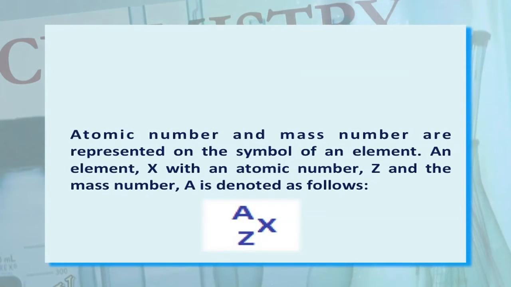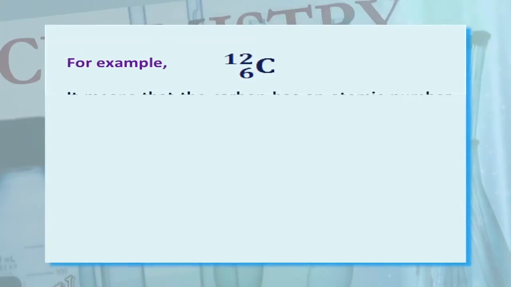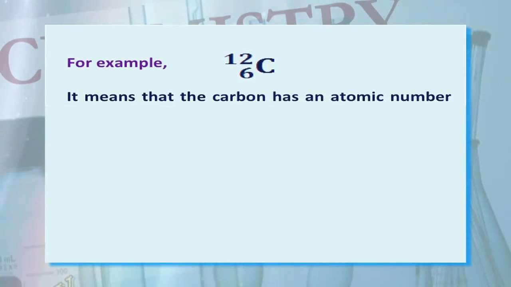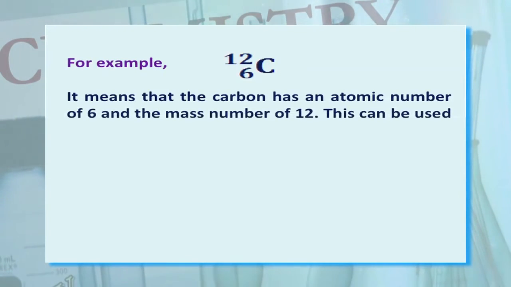Atomic number and mass number are represented on the symbol of an element. An element, suppose X, with atomic number Z and atomic mass number A is denoted as shown. For example, carbon-12 with atomic number 6, it means that carbon has atomic number 6 and mass number 12.